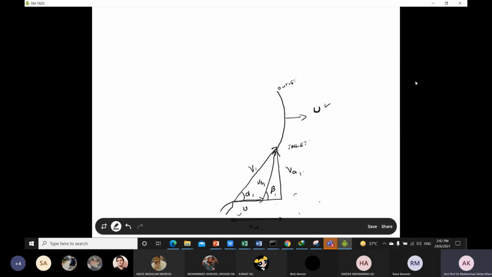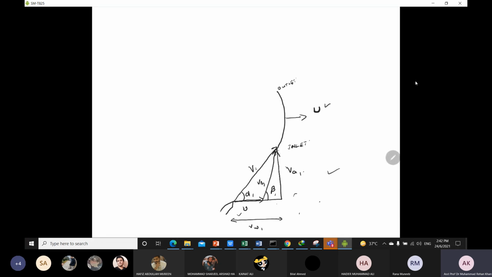In flow rate measurement, the axial velocity components are used, and in tangential force measurement, the whirl velocity components are used. Now we will go back to the outlet, because the inlet velocity diagram looks like this.